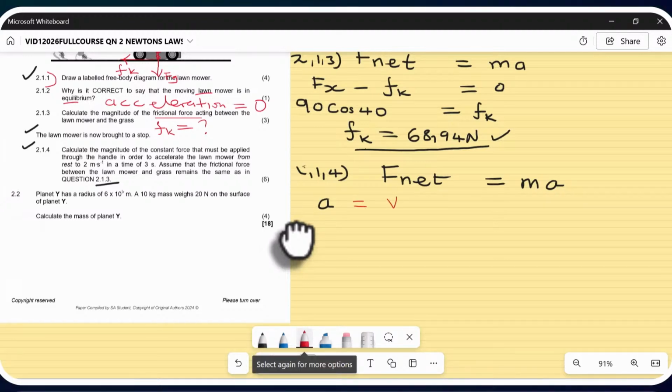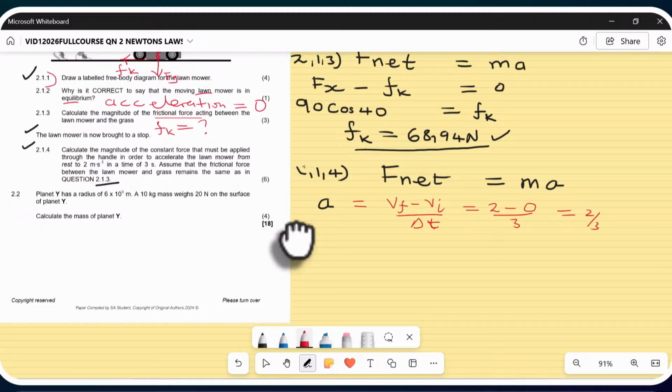But then F net equals MA. I know we saw that our Fx minus frictional force equals MA, okay? Let us now substitute. Now the mass of the lawnmower has how many kilograms? Let's check here. They said 15 kilograms.